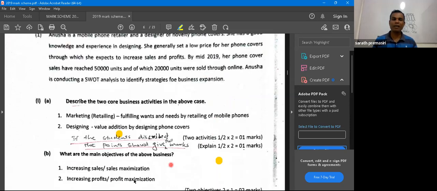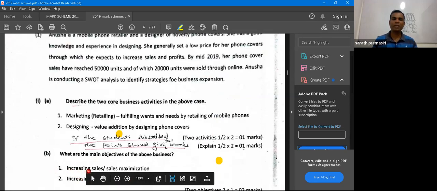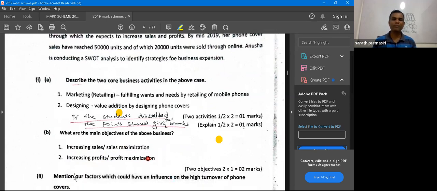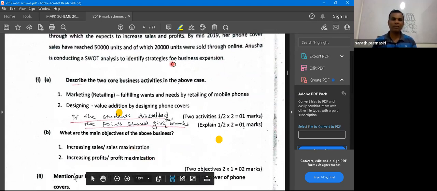Now look at the answer. Increase in sales or sales maximization is one objective. Next one, increase in profit or profit maximization is another objective. Though it is not available in the mark scheme, you can write another one.